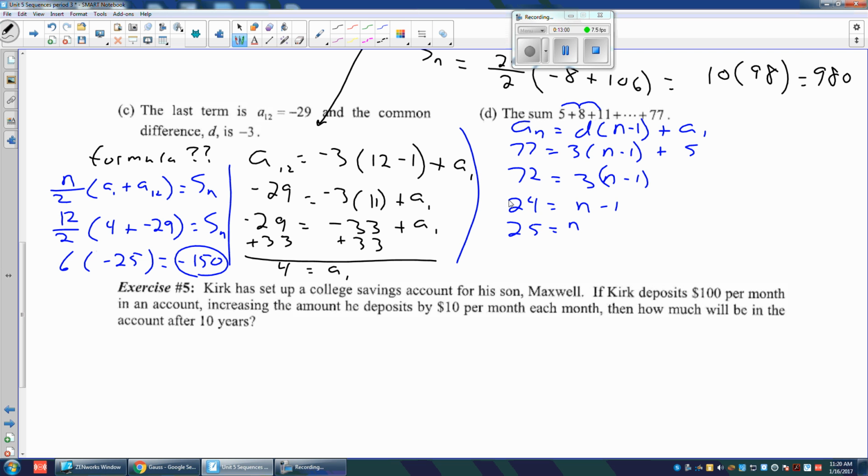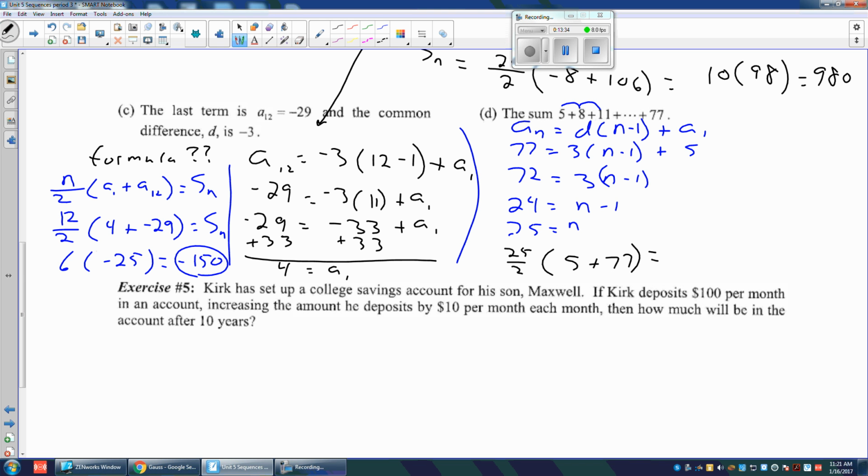Now what we have to do is add up the series: n divided by 2, the first number plus the last number. n was 25, so I'm just going to erase that because I'm running out of room. I'm going to put 25 over 2. Now notice I'm going to get an odd number divided by 2. So 25 divided by 2 is 12.5.